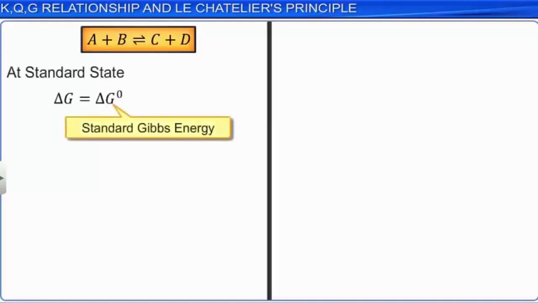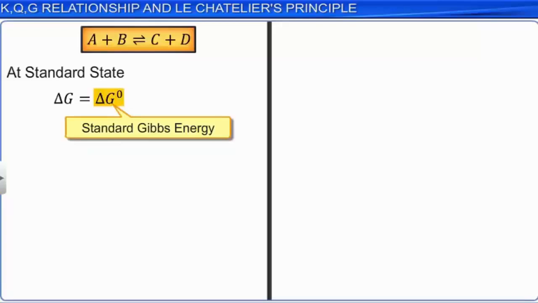Consider a general reversible reaction, reactants A and B, in equilibrium with C and D. The change in the Gibbs energy of a reaction in which all the reactants and products are in the standard state is known as standard Gibbs energy change, which is represented by delta G naught.